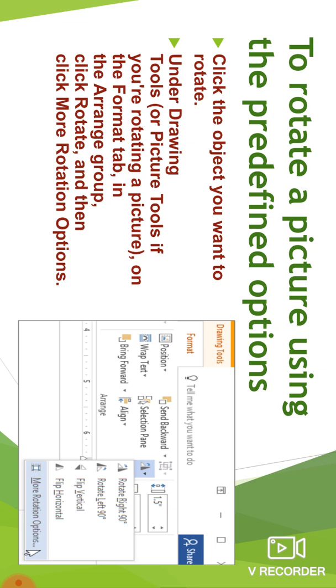If you are rotating a picture, on the format tab in the arrange group, click rotate and then click more rotate options. Means click the object that you want to rotate, then under the drawing tools, under the format tab, here you can see a rotate option. If you want to rotate 90 degrees, click rotate 90, flip vertical, flip horizontal, more rotate options. Means in a defined option you can rotate the picture with the help of this format option.